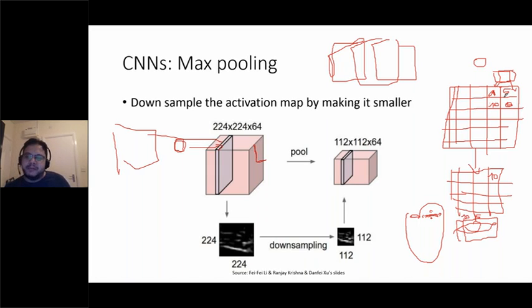Because others maybe they are representing the same eye, but with slightly less information. So maybe this 5, this 1, and this 10 are the same eye, but with slightly different variations. So we tell the network to focus only on the highest value, and we remove the others.